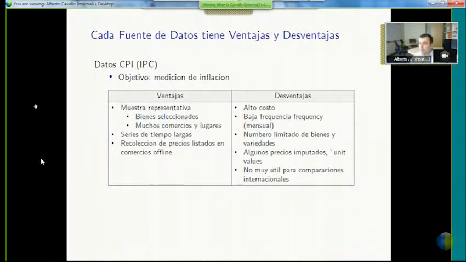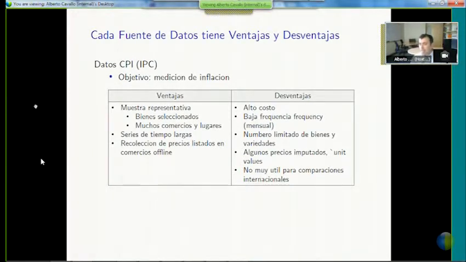If you think of the IPC or CPI, it's created to measure inflation. That's how we've measured it in most countries in the last 50 years. The best thing to consider is that we have a representative sample. We've selected this.